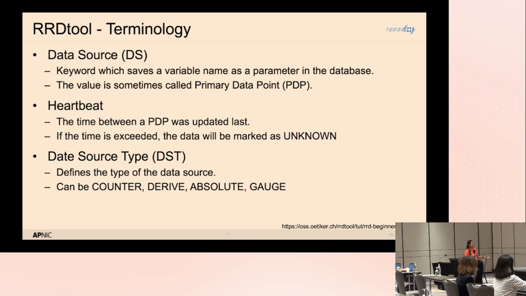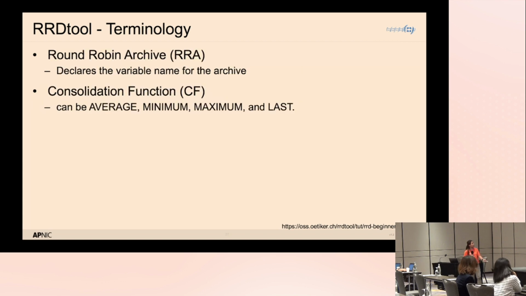Data source type: we have a few, but essentially there are minor differences between them. You use counter if it's information that increases over time. Use absolute if you want to zero it out after you've pulled the information. And then there are a few other options as well.